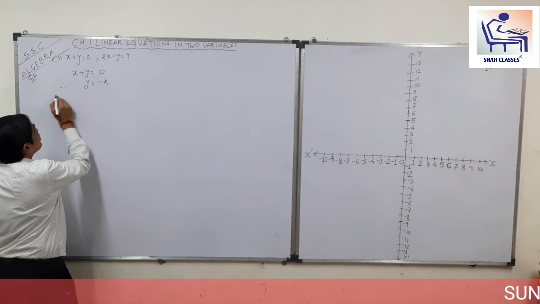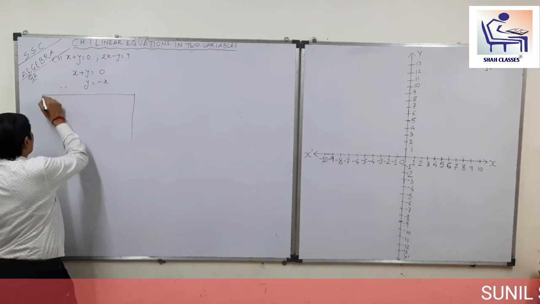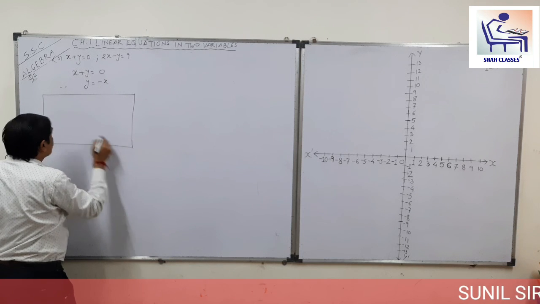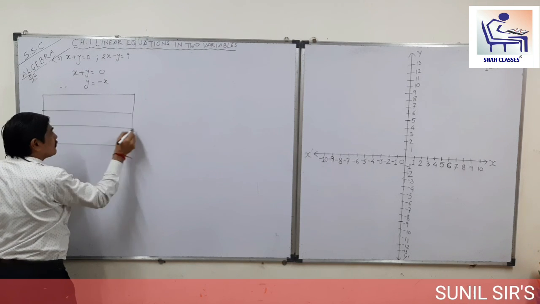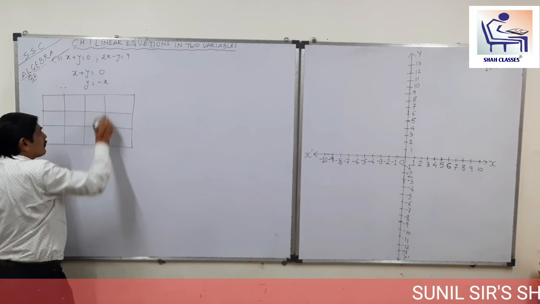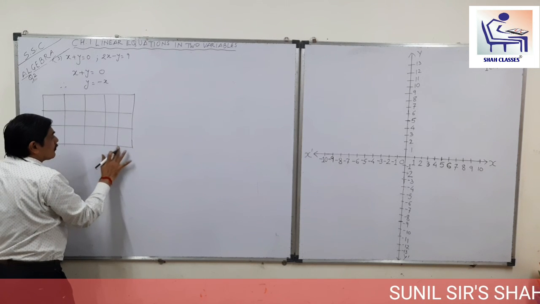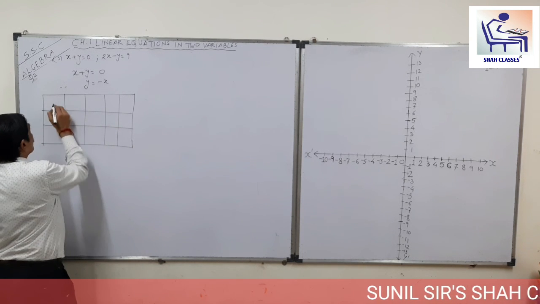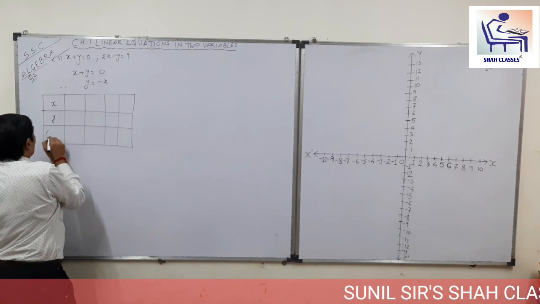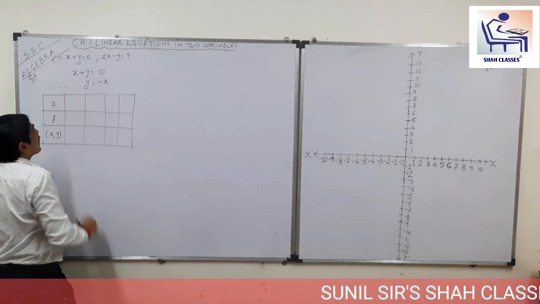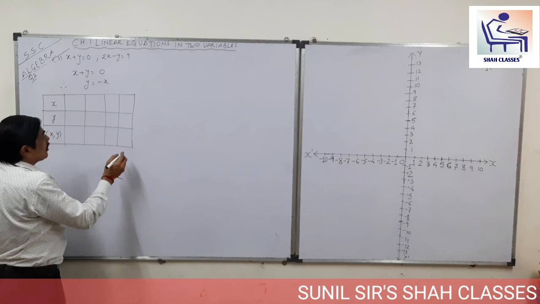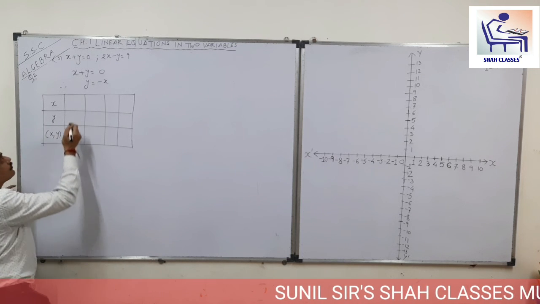Change the side. Please draw the table. Take any four values. Same steps we have to follow.